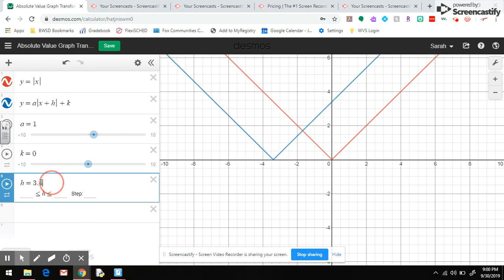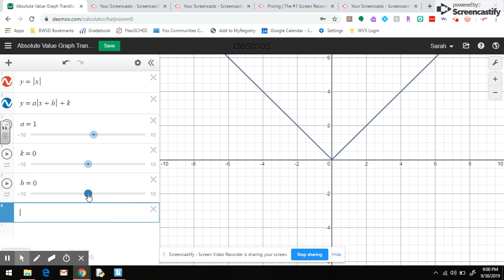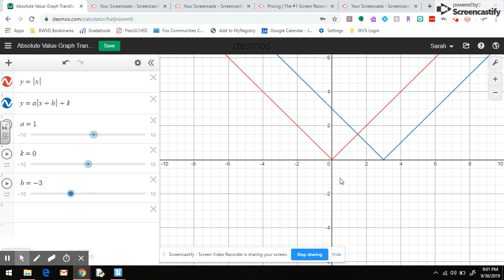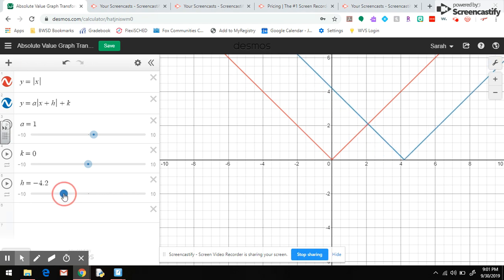Now I'm going to experiment and see, okay, what happens if I make h negative. So here I'm going to take h and I'm going to move it in the negative direction. So notice if I go to -3, this graph has moved 3 units in the positive right direction. If I go to -4, I notice it's moved 4 units in the positive direction.